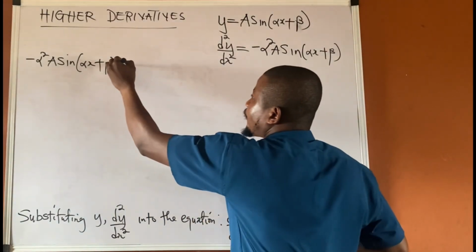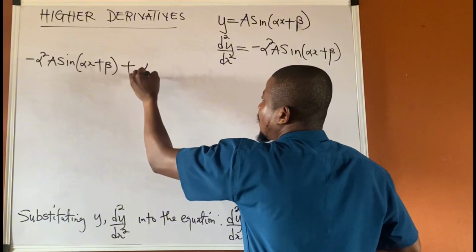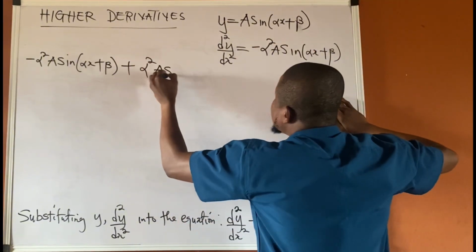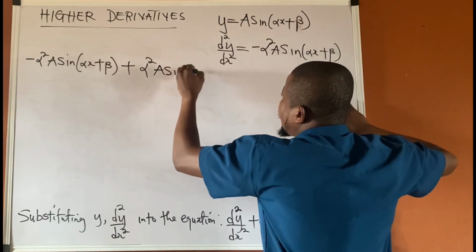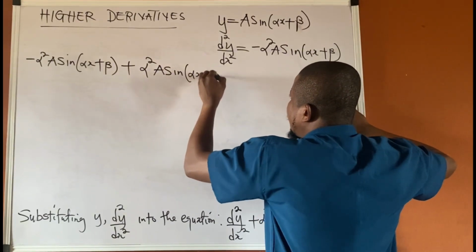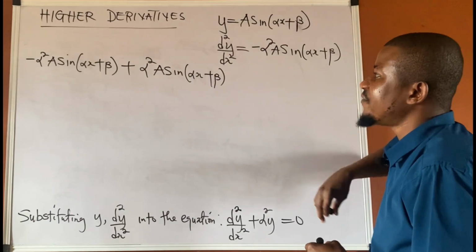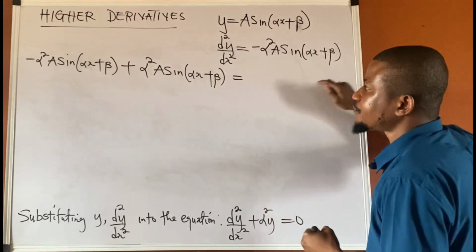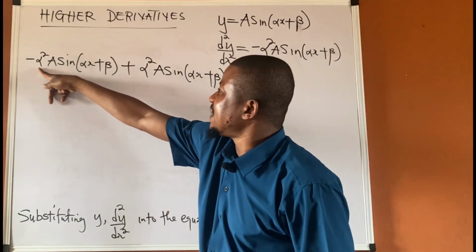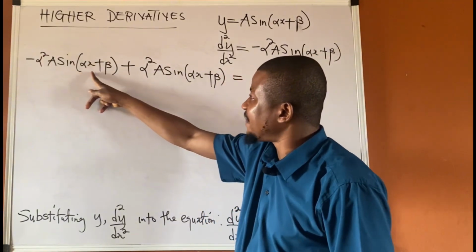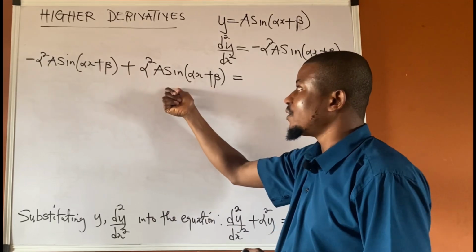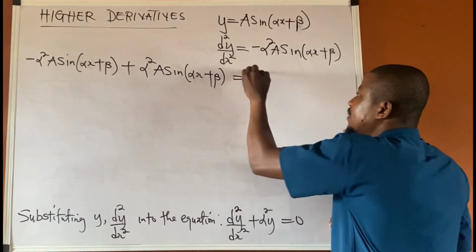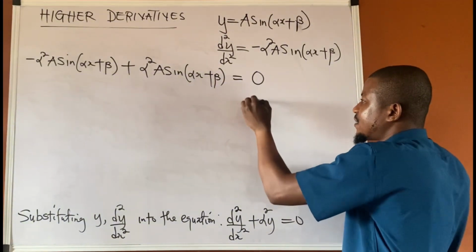Now plus alpha squared, and the value for our y is a sine of alpha x plus beta. Let's see if everything will give us 0. Now this will be equal to negative alpha squared a sine of alpha x plus beta and a positive. So this is more like a negative value plus that same value, and that is definitely equal to 0, right? And this is proved here.